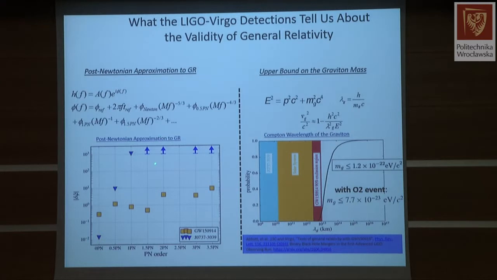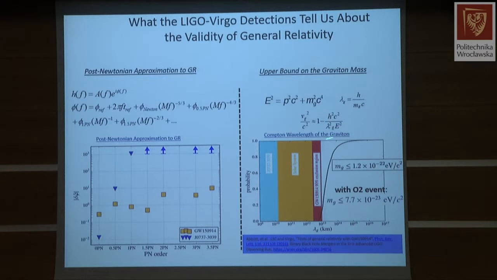And one can test from the analysis the deviations of these coefficients from general relativity. The first coefficient, which is called Newton, which comes from the quadrupole approximation, was already tested by binary pulsar measurements, and it's much better than what we get from gravitational wave detectors. But other higher order coefficients can be tested much better with gravitational wave signals from these ground-based observations, because you enter this strong field regime.